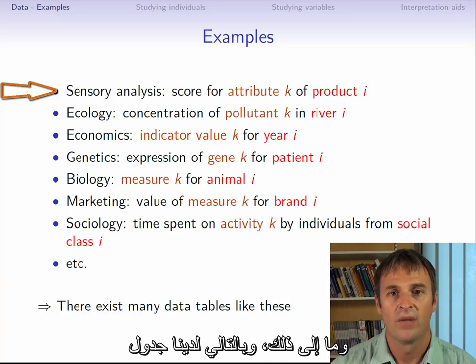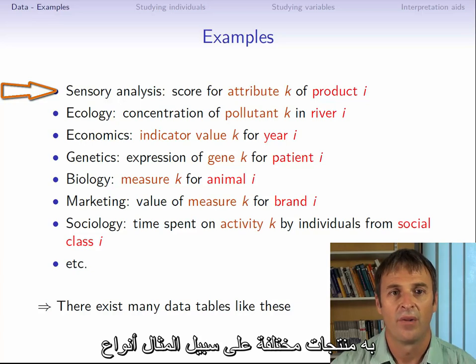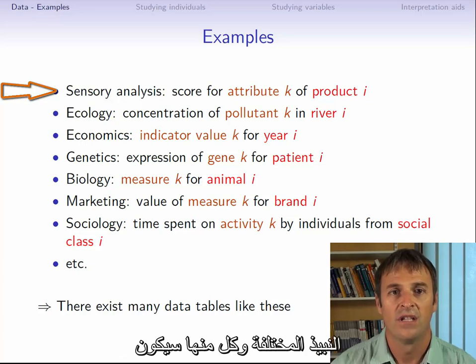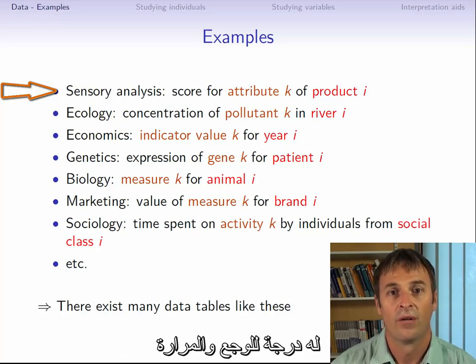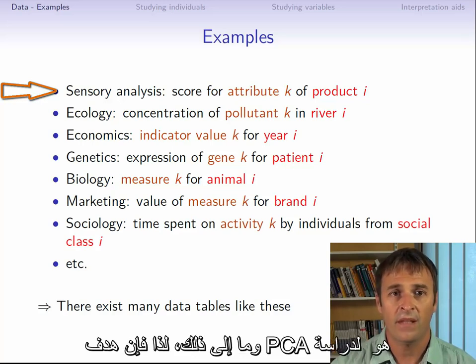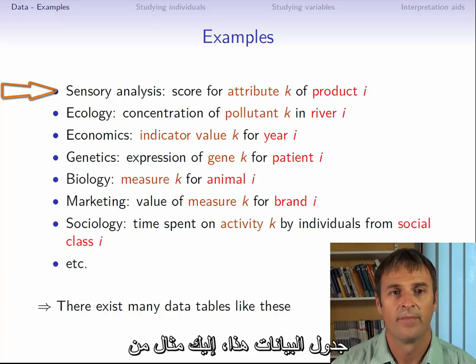Thus, we have a table with various products, for example, different wines, and each is going to have a score for sourness, bitterness, sweetness, etc. So, the aim of PCA is to study this data table.